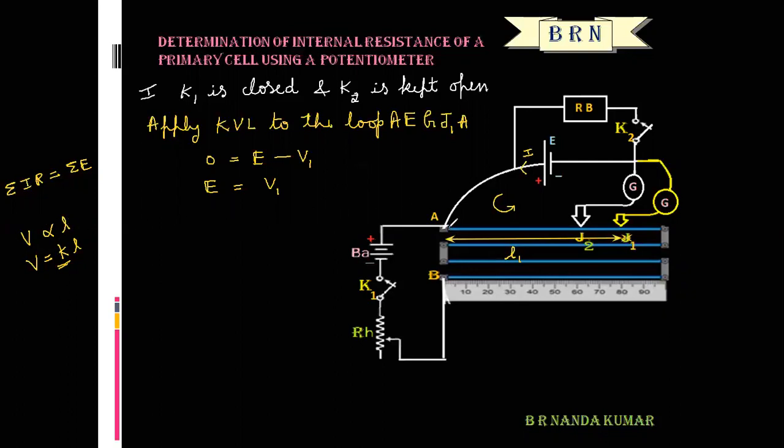When a constant and steady current flows through a potentiometer wire having uniform cross-sectional area and composition, the potential drop across any length is directly proportional to that length. So V is proportional to L, V is equal to KL. So what is the value of V1? That is KL1.